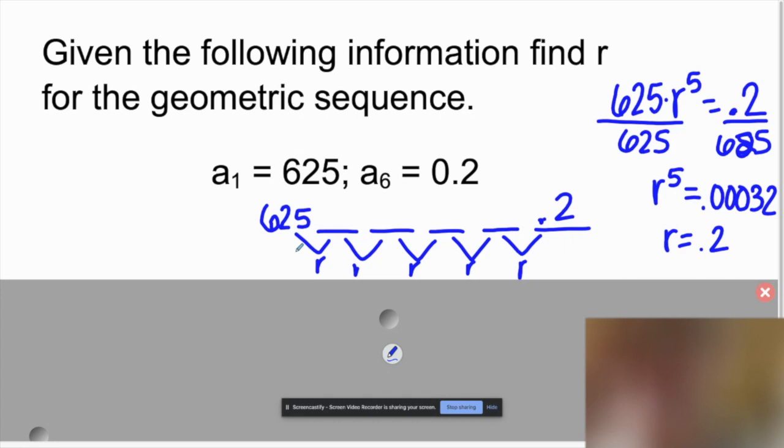So if you think about it, let's go ahead and fill in our sequence. So go ahead and do so.